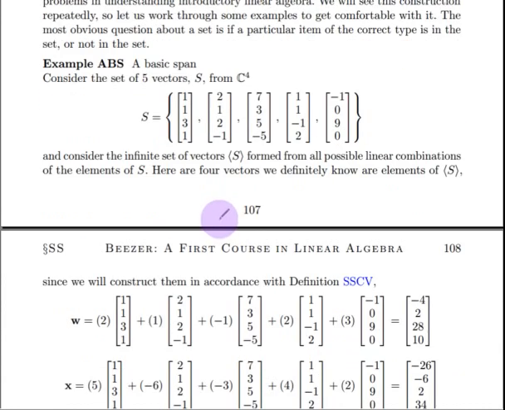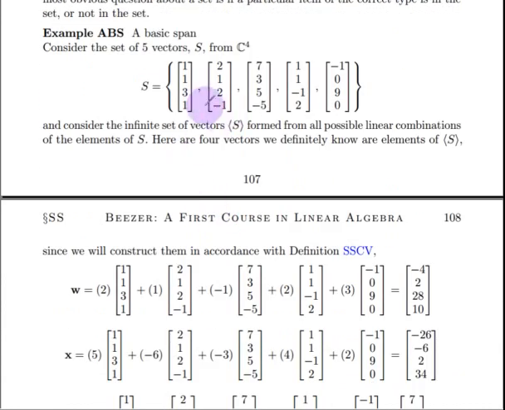Okay. So here's an example of a span. I have 5 vectors here. I could take this linear combination. Let's see what's going on here. 2 times the first vector plus 1 times the second vector plus minus 1 times the third vector plus 2 times the fourth vector plus 3 times the fifth vector.